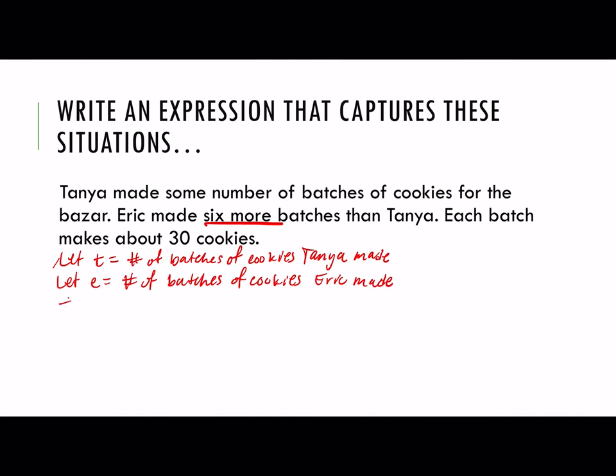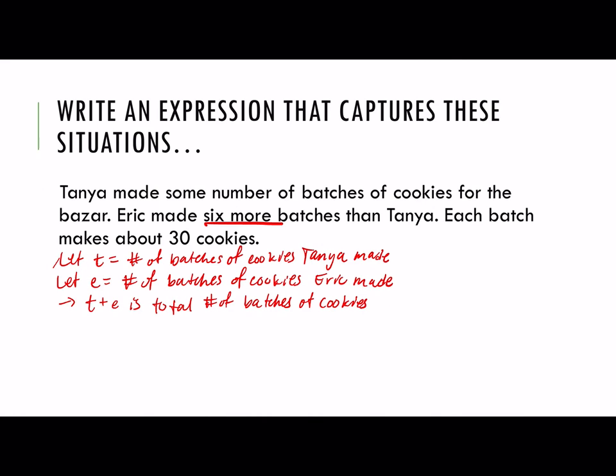So the total, again, is going to be T plus E, the total number of batches of cookies.